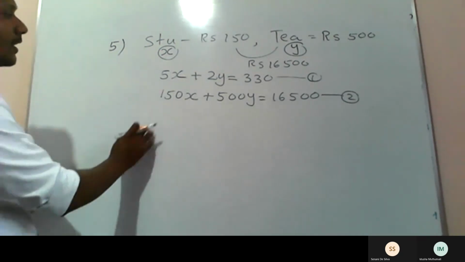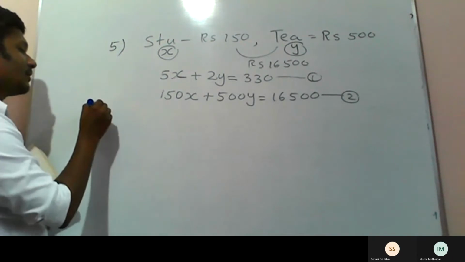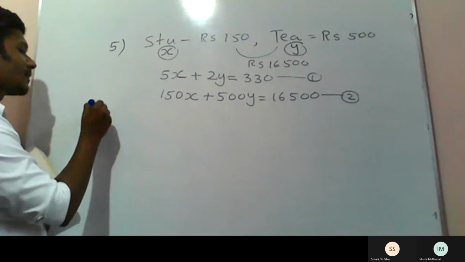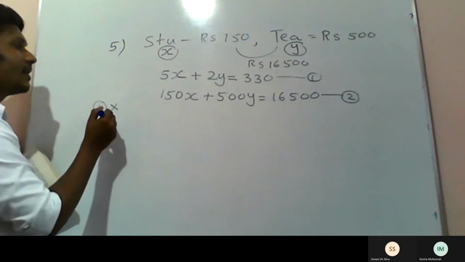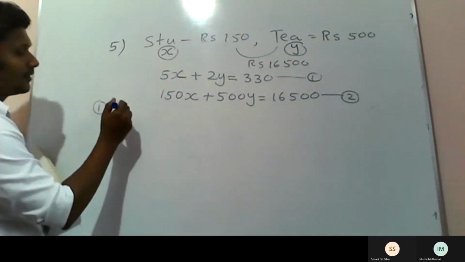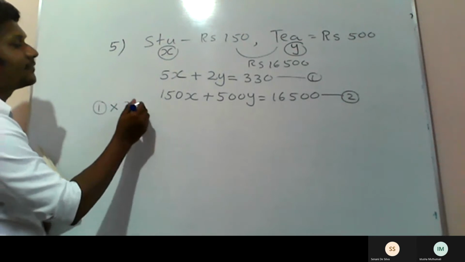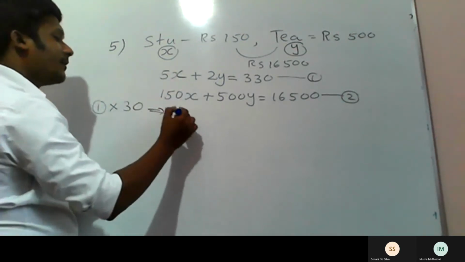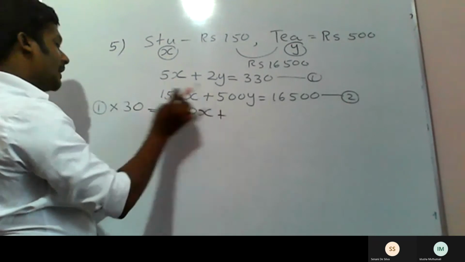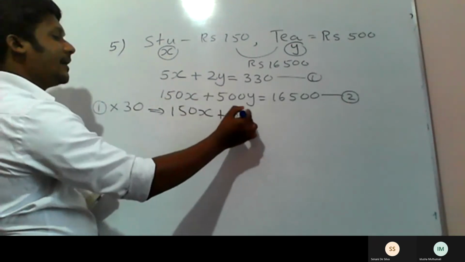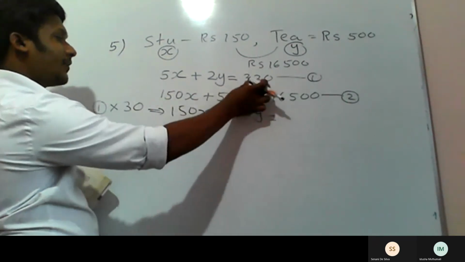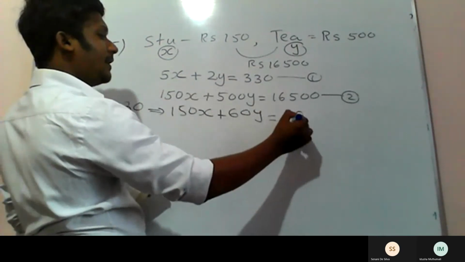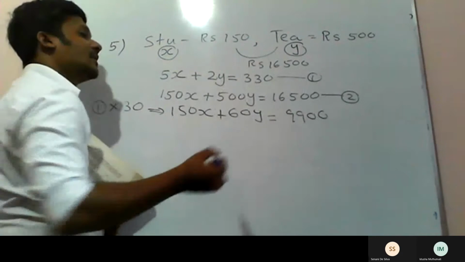You can multiply the first equation by 30, because 5 multiplied by 30 is 150. Then 30 times 5x, 150x. 30 times 2y, 60y. 330 times 30, 9,900.